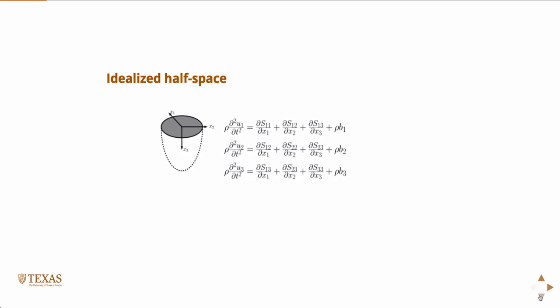Okay, so these are equilibrium equations, or conservation of linear momentum, and let's look at how it applies to this half space that we cut out of the Earth, this very large half space. So the first thing we're going to do, the terms on the left-hand side are accelerations. Okay, so in problems in reservoir geomechanics, we typically don't concern ourselves with acceleration because the motion is slow.